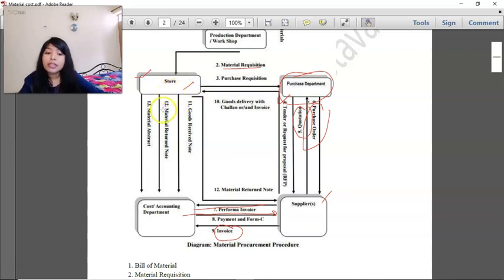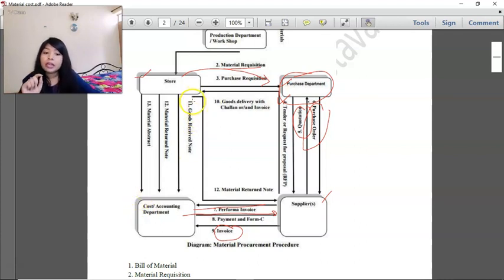Then the store will give the material return note, because on inspection, when the goods are delivered, the store is going to inspect them. If they find any defect, they will issue a material return note, because the store will return the defective goods delivered by the supplier. That note will be given to the accounting department so that they can adjust the payment accordingly.